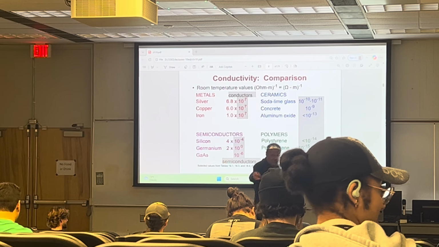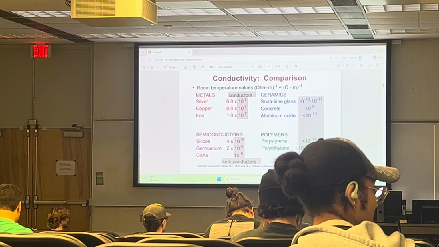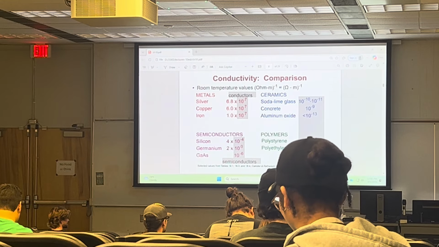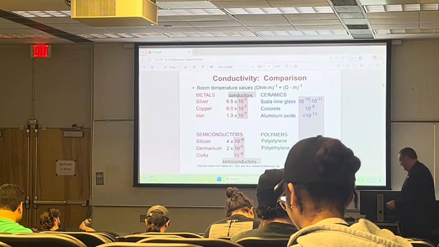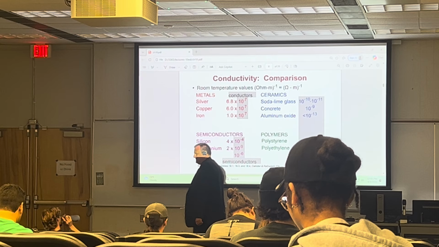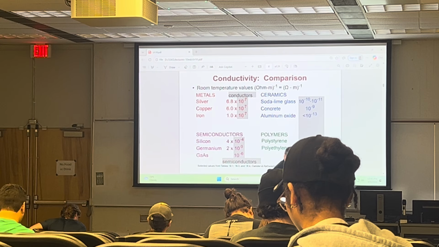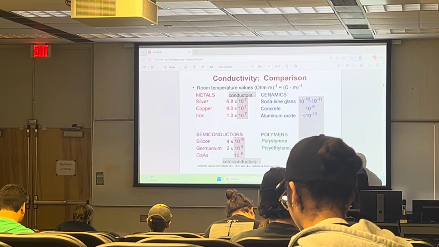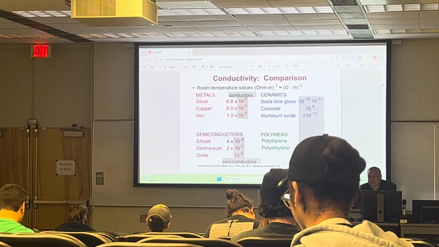Paperclip. That wouldn't be that much different than this key. Anyway, there are more keys here. I'm not going to do any of that, and I don't encourage you to do that. But this is a very fast way to determine if something is a conductor versus an insulator, right? Because one is conducting electrons in the millions, and another one is not conducting anything.